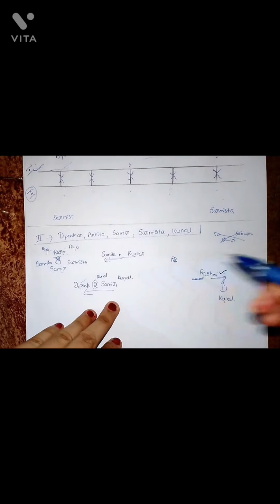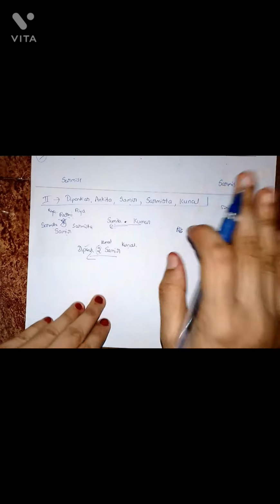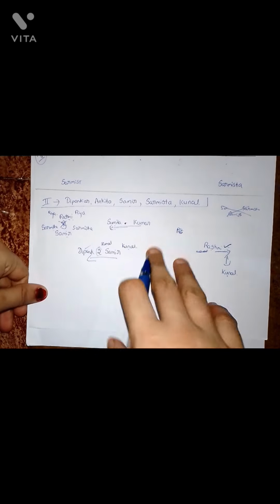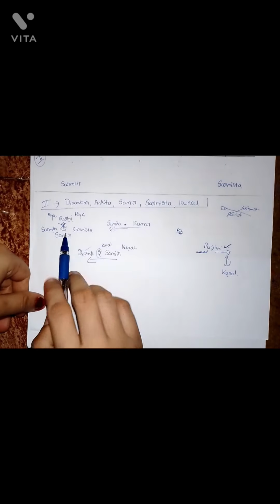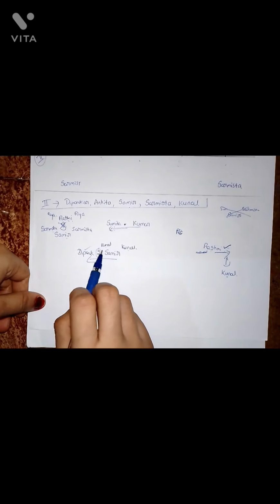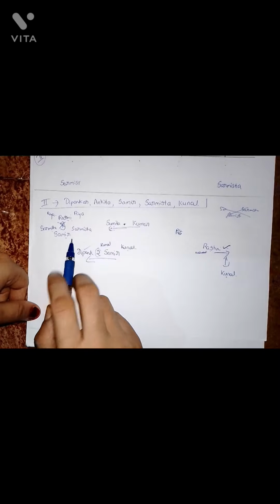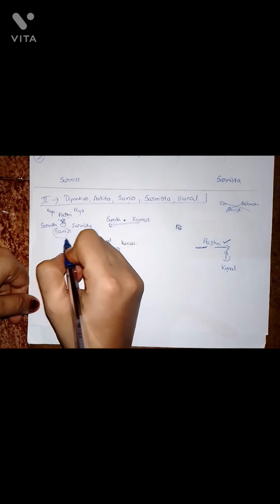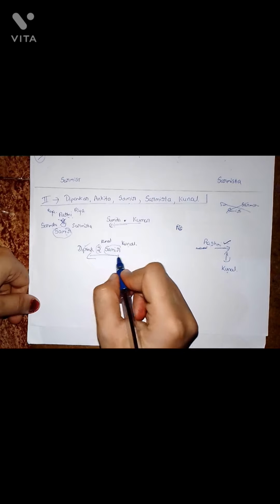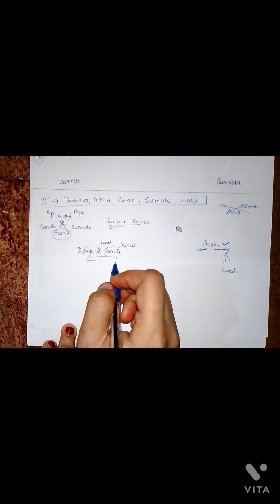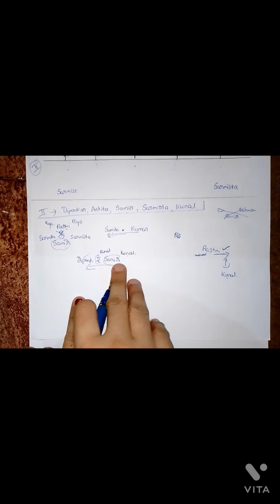First of all, we have to observe what the common names are, and start from there. While observing, we find that Samir comes twice, so we can start from Samir.